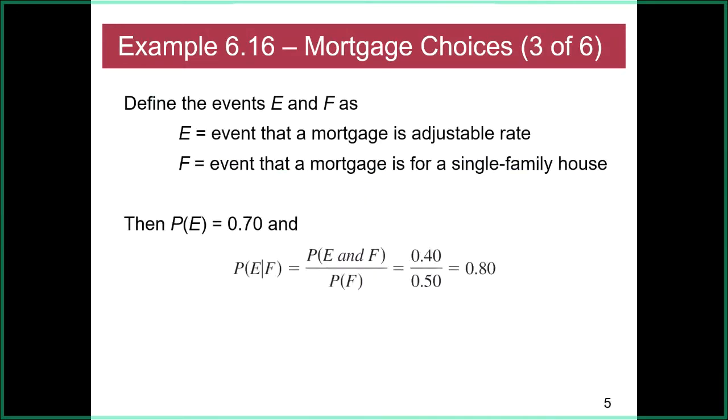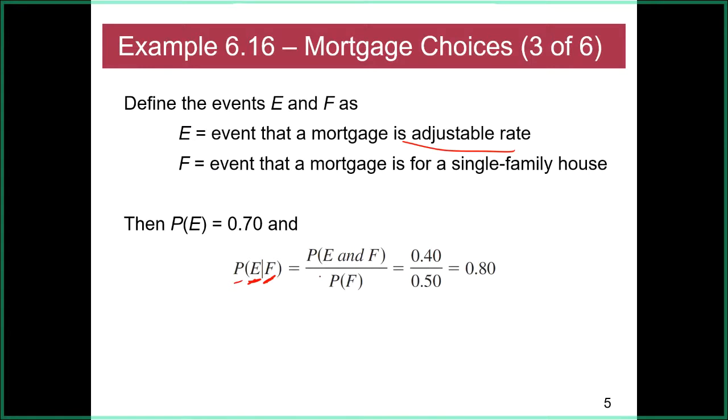Now, as we go on, we want to look at the conditional probabilities. If E is the event that they are adjustable rate, F is the event that the mortgage is for a single family house. The probability of being an adjustable rate given that it's a single family home.